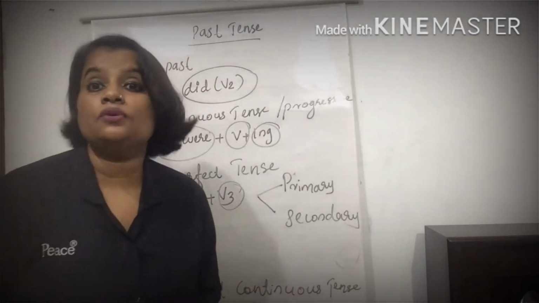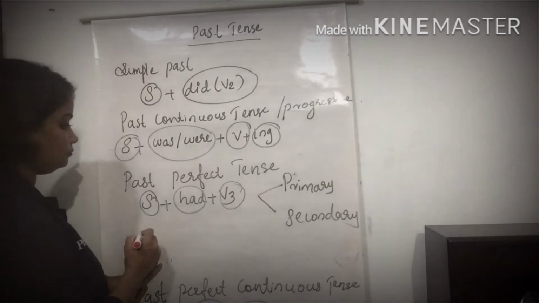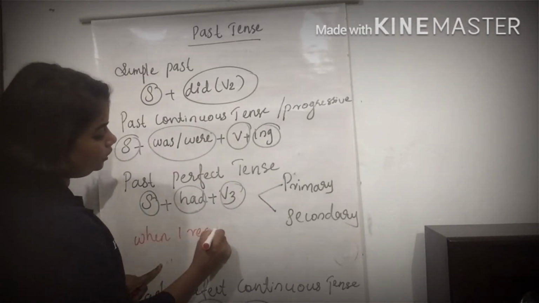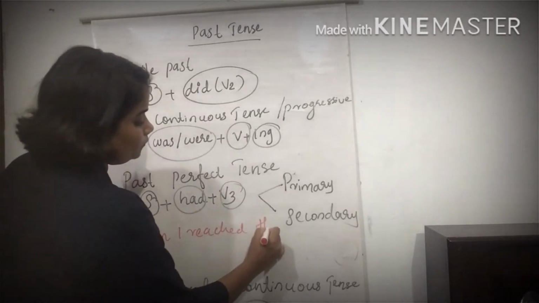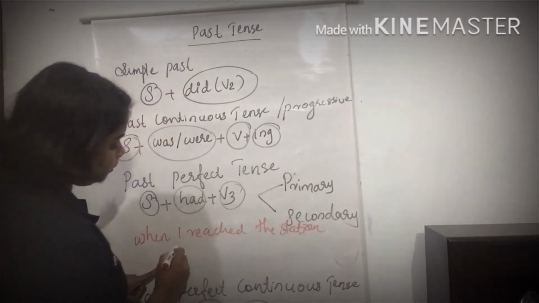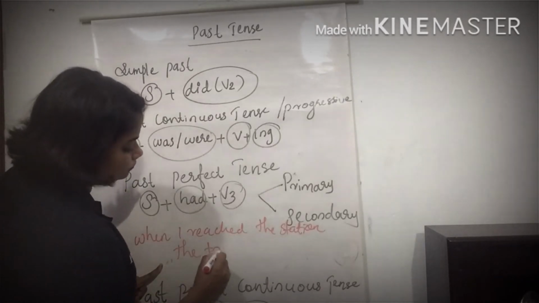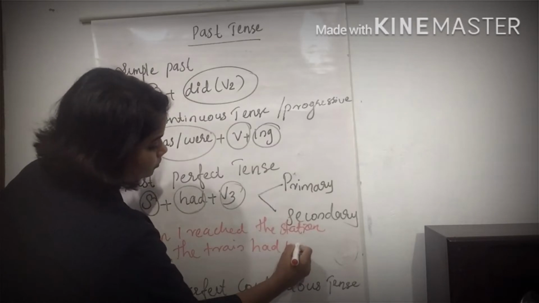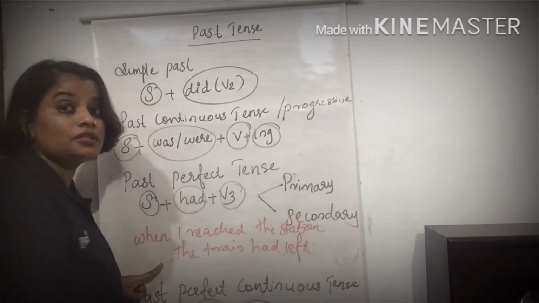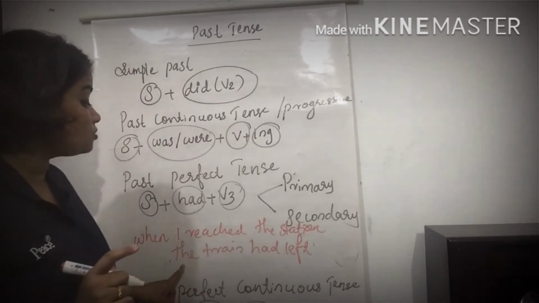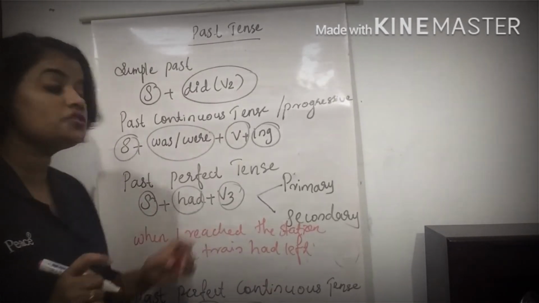When I reached the railway station, the train had left. Listen to me very carefully. When I reached the railway station, the train had left, or when I reached the station, the train had left.